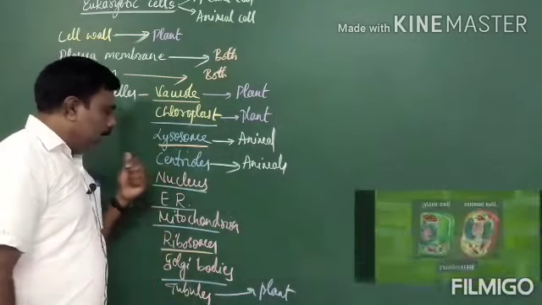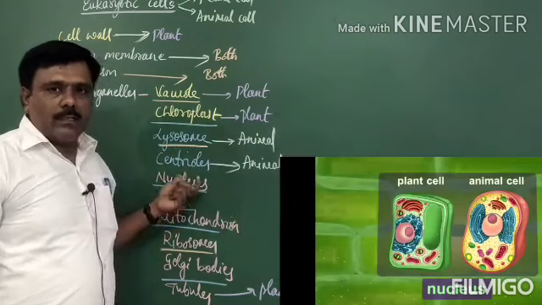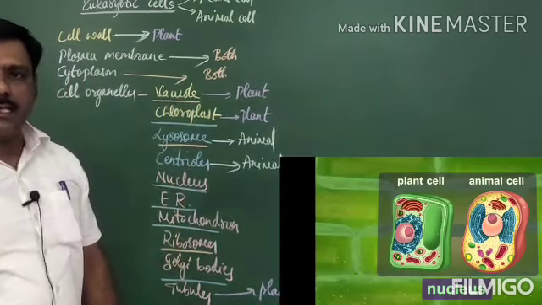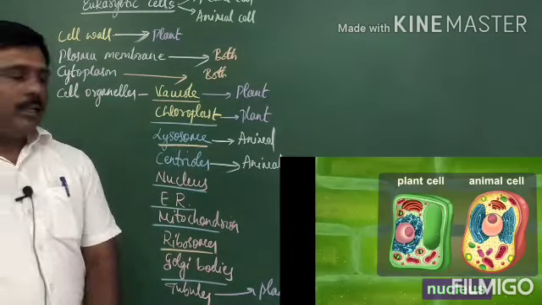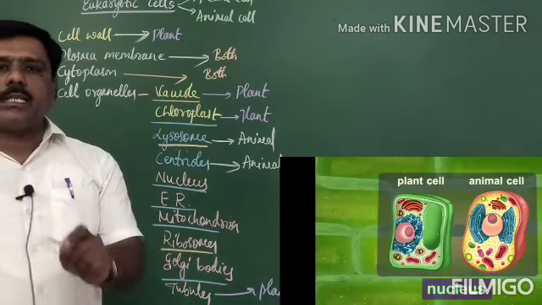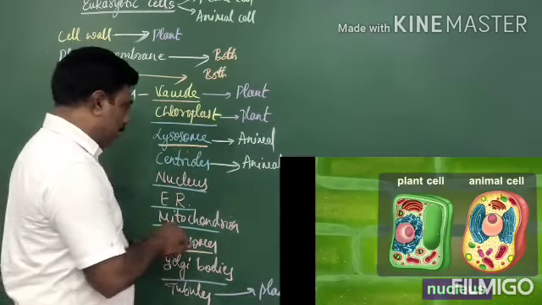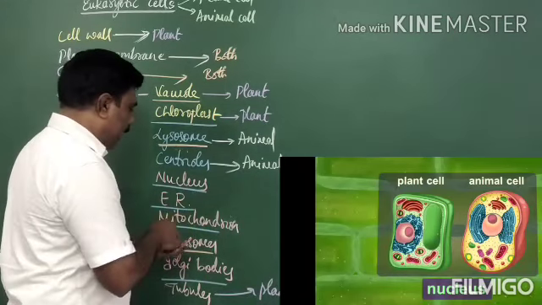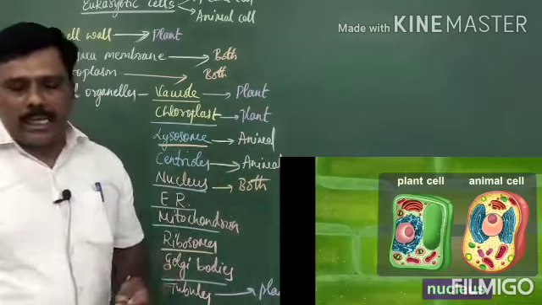Then the main switch of the cell is the nucleus, right? This nucleus is present both in plant and animal cells.